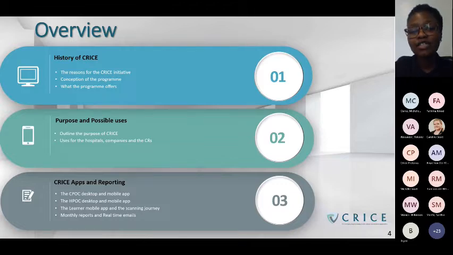We'll then finally touch on the CRICE apps as well as reporting, where we'll have a look at both the company point of contact and the hospital point of contact mobile and desktop apps, as well as the learner apps and their scanning journey, and then finally having a look at the monthly reports and the examples of the real-time emails.